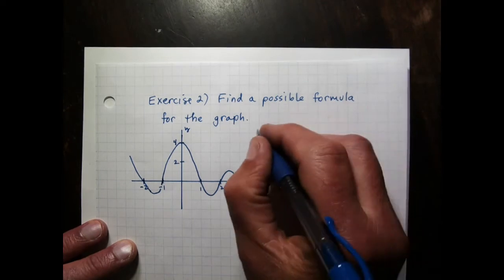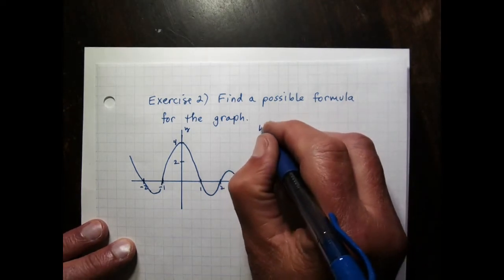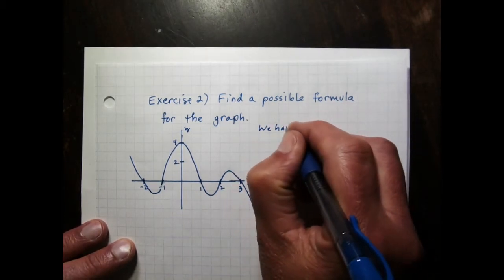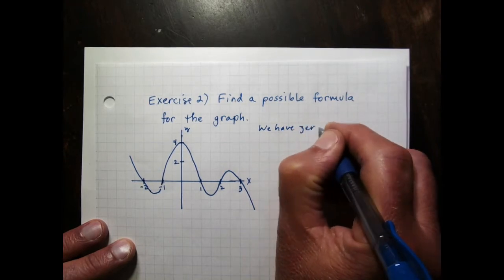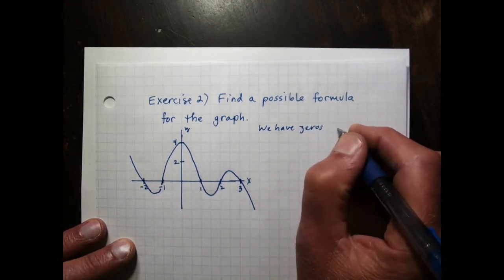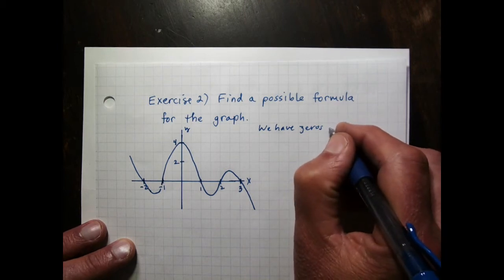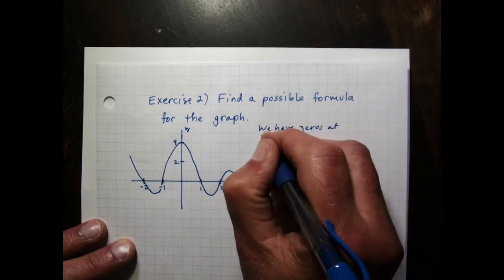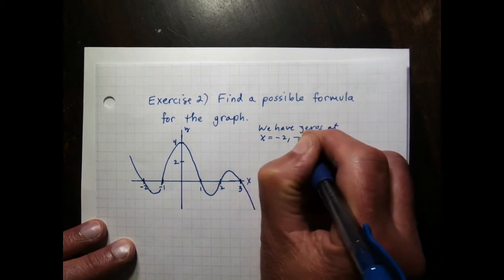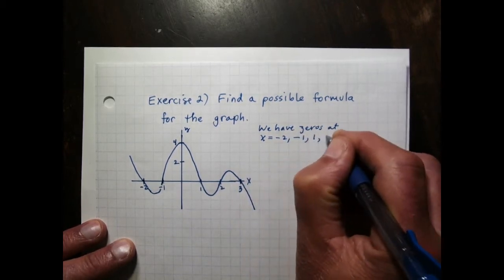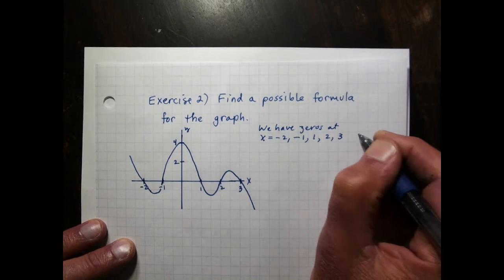So we have zeros, using that new vocabulary word. We have zeros at x equals -2, -1, 1, 2, and 3.